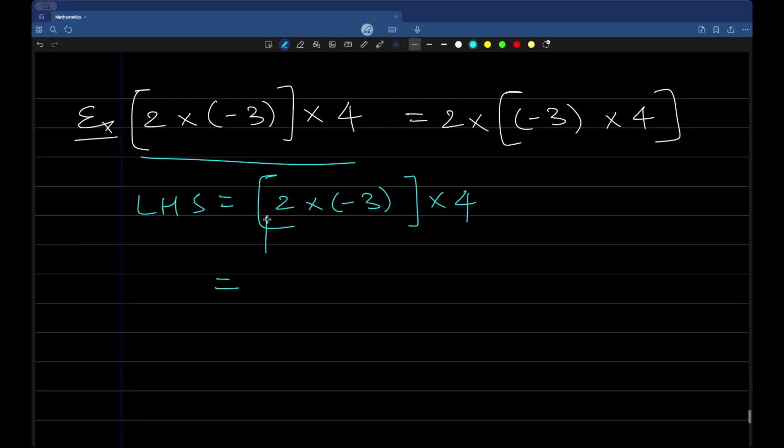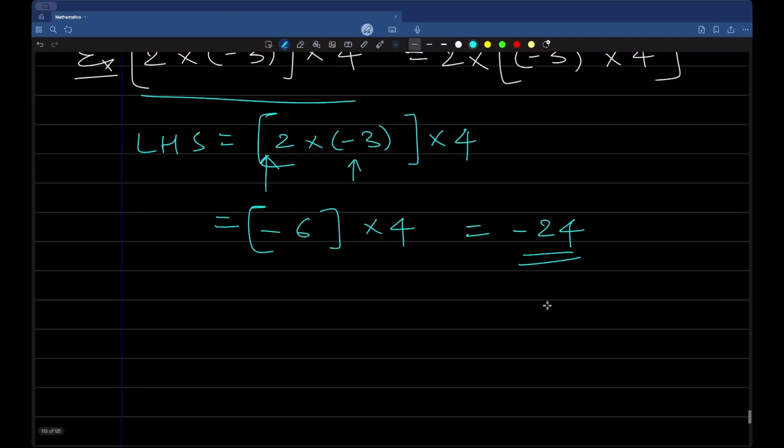We have plus into minus is minus, and 2 into 3 is 6, into 4, that is equals to plus into minus is minus, and 6 4s are 24, so minus 24 on left hand side.